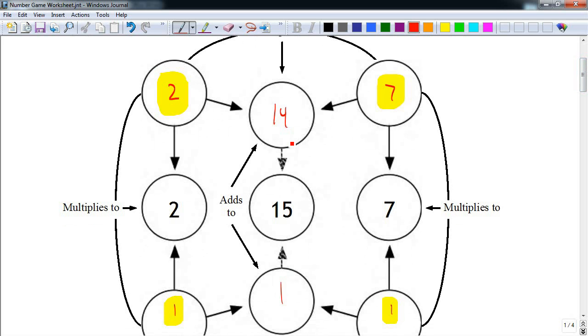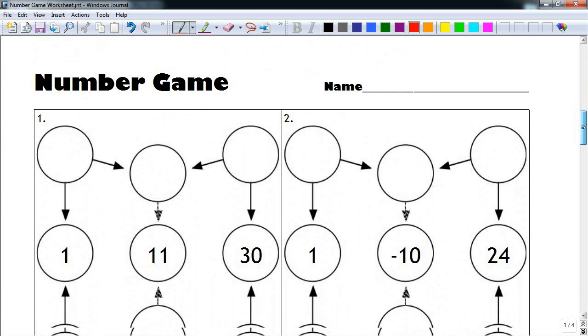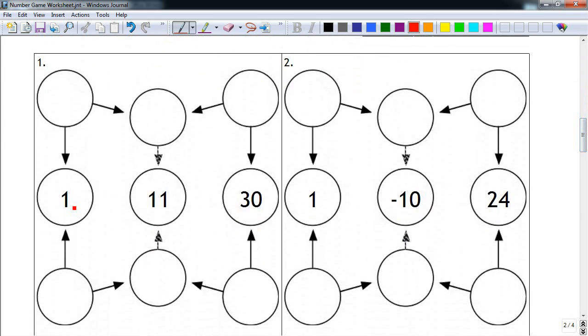Okay, let's try another one. Take a look at number 1 on your worksheet. I need two numbers that multiply to 1. Well, that's easy. 1 and 1. And then I need two numbers that multiply to be 30.